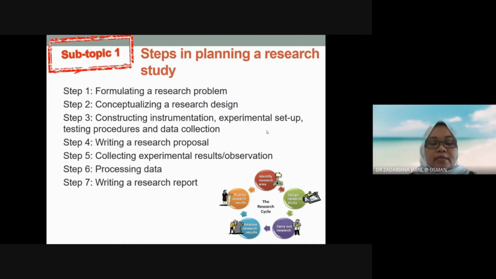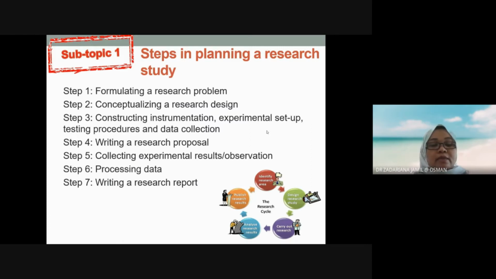So the next one, which is the final process of research, is writing a research report. A research report can be written in the form of a research paper, technical paper, or thesis.